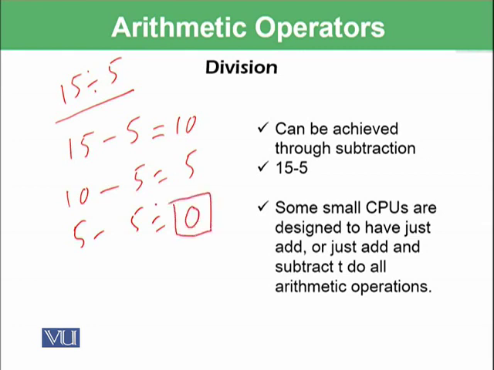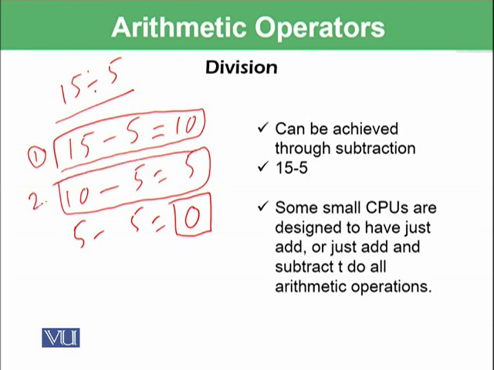As soon as we receive 0, and we must receive 0, otherwise it's not a whole number, we count the number of iterations we have performed. In one iteration we have done this step, so it is 1. Then there is a second, and then there is a third iteration. So 15 divided by 5 gives us the answer of 3. So this is a repetitive subtraction until we reach the value of 0.